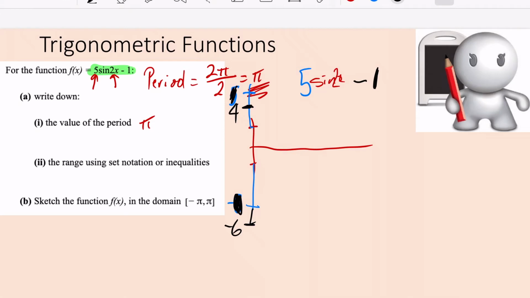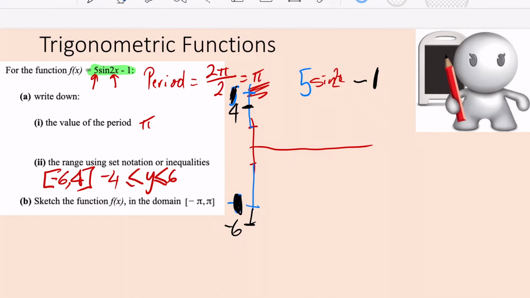That's what's happening in B. So what's the range? Using set notation, it's going to oscillate between -6, including -6, up to 4, and including 4. So that's how you do set notation. If you're asked to do it using inequalities, we're talking about our y values. Well, it's going to be less than or equal to 4 and greater than or equal to -6.